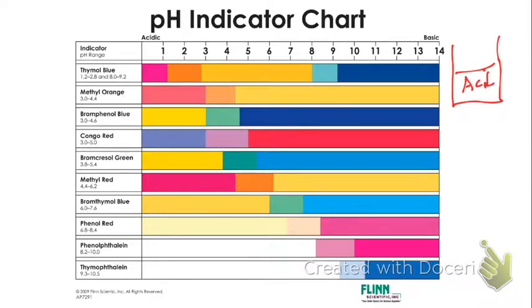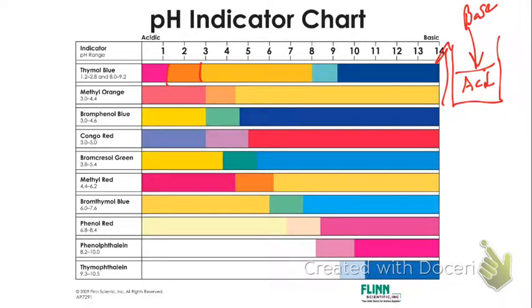We're going to add our base into our acid, and by doing that, the pH should begin to increase, and that should mean that as we're increasing, with the indicator inside of the acid container, the color should be changing. So by the time it's at between a pH of 1 and a pH of 3, it should be that darker orange.